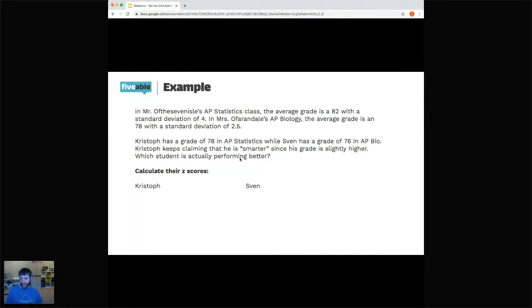If you have a calculator handy, you should be able to do that with just a calculator. I think that's how I did it when I was writing the slides. Feel free to chime in when you have Christoph's z-score and when you have Sven's z-score.